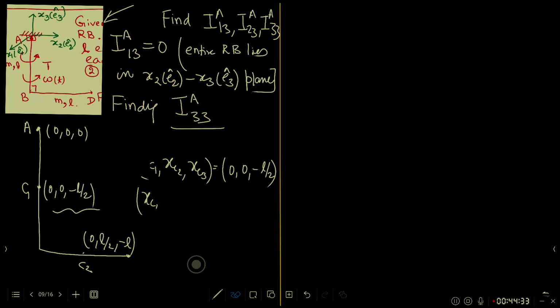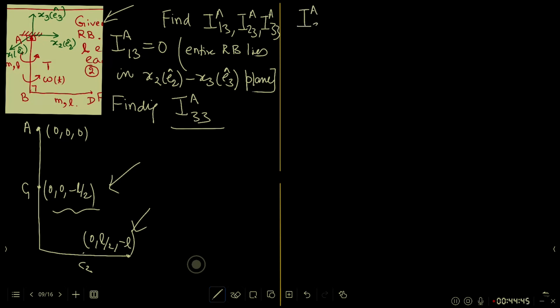Finding IA33. IA33 I will write as I of part AB, the vertical part, about its own center of mass 33, plus M, which is the mass of each of the rods, times XC1 square plus XC2 square.